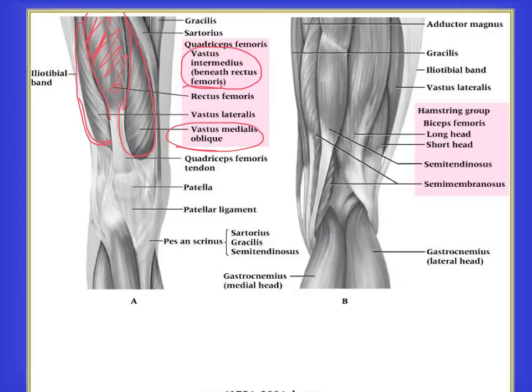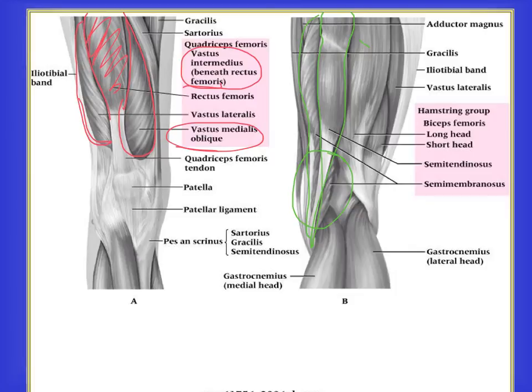So on the medial posterior aspect of the leg, you have what we call the semis muscle groups. And the semis are very important when we talk about ACL repair, because some physicians will actually dissect away and take the tendon of the semitendinosus and use that for the new ACL graft.